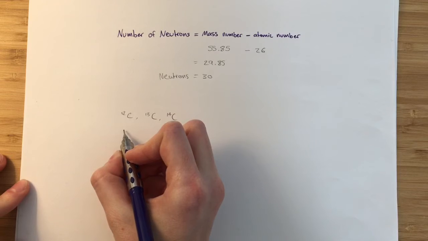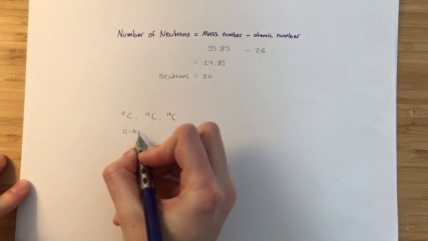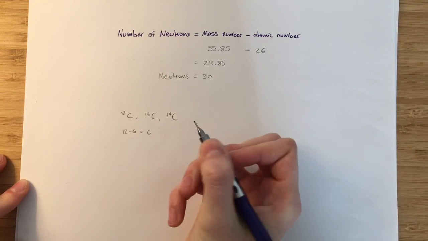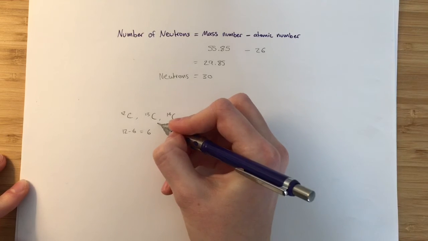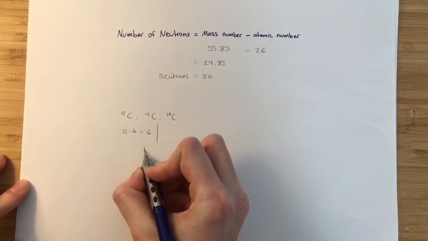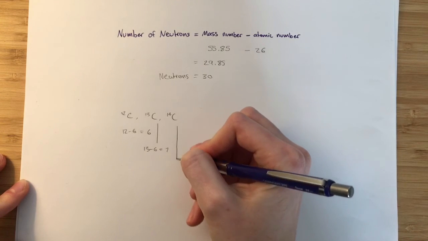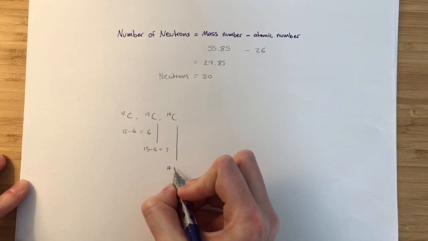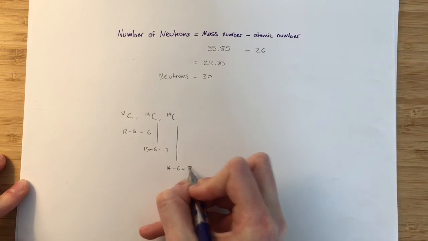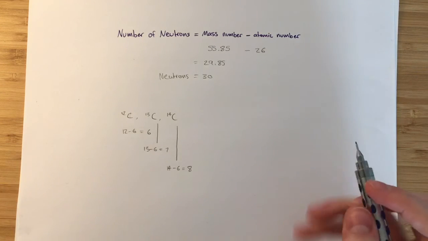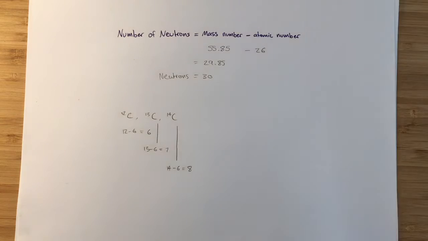So all we have to do is 12 minus 6, and we get 6 for the number of neutrons. Let's bring this one down here, do the same thing. 13 minus 6 equals 7. And that is how you find the number of neutrons in isotopes.